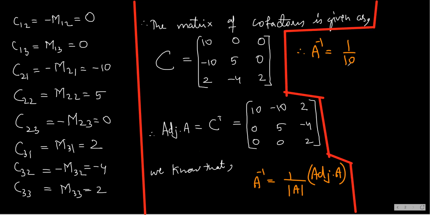So 1 upon 10 into the adjoint of A. What is the adjoint of A? It is this matrix: 10, negative 10, 2; 0, 5, negative 4; 0, 0, and 2. So this completes the solution. I hope you followed it.